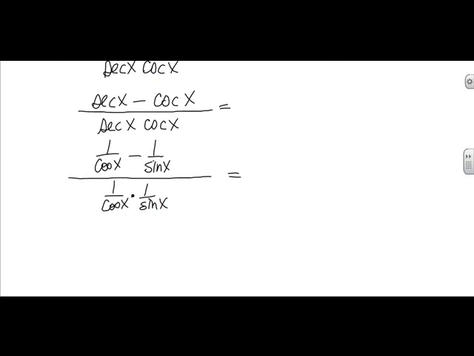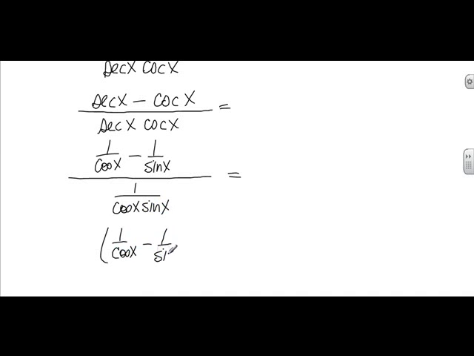All right, I'm going to invert and multiply. So I'm going to take the fractions that I have in the numerator, 1 over cosine x minus 1 over sine x, and I'm going to divide by 1 over cosine sine, which is the same thing as multiplying by cosine times sine. We'll flip that bottom fraction over and multiply it.